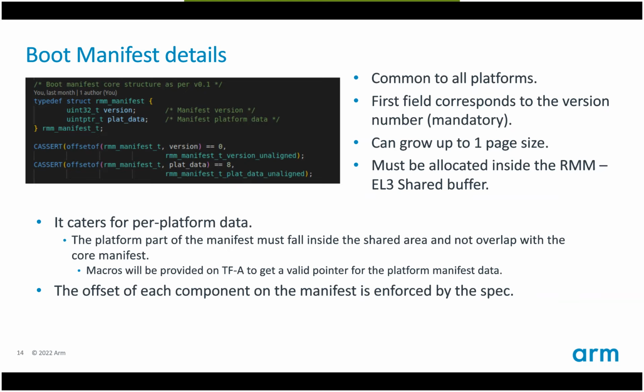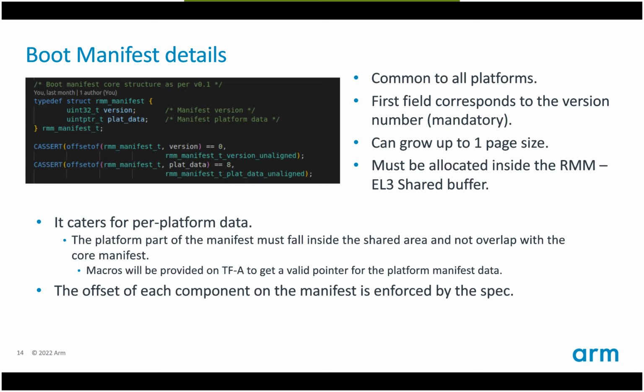And for this specific version of the boot manifest, we only have a version number, and then a pointer that can point to some platform data. So any partner can add their own data structure to the boot manifest and add any information specific to the platform.